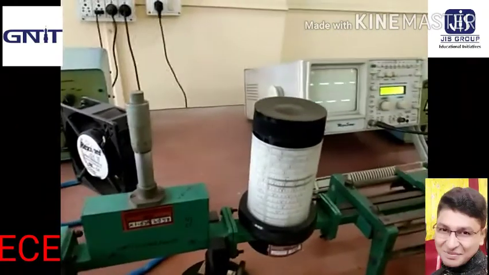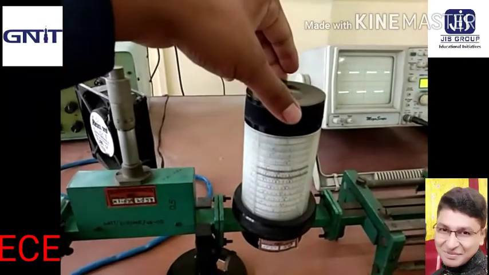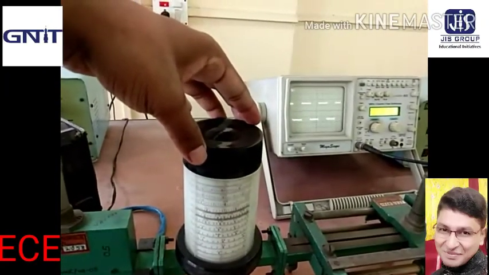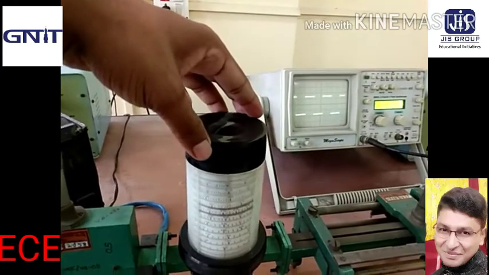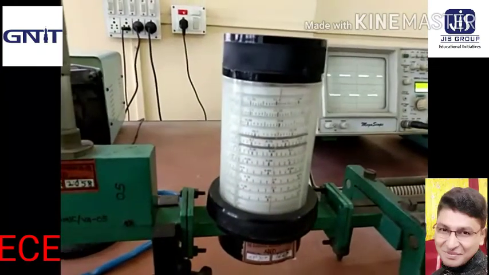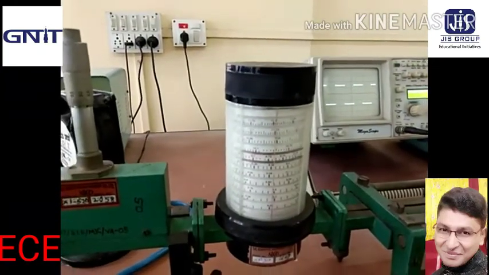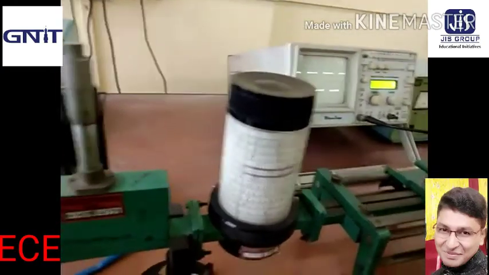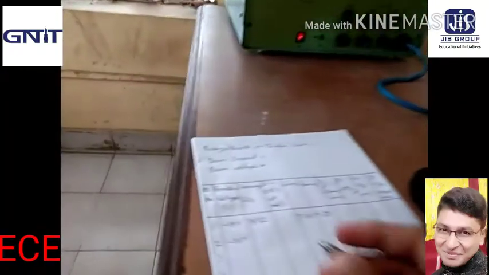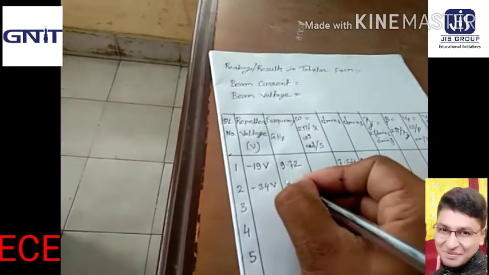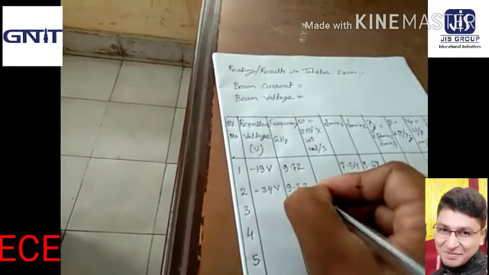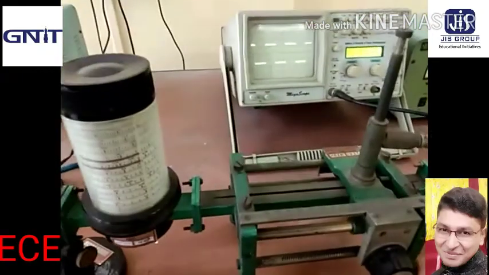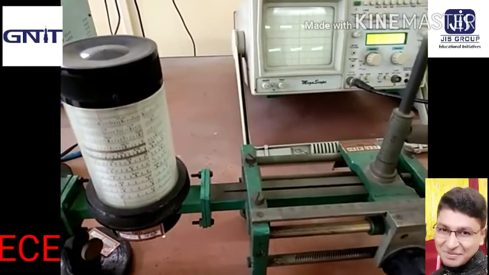Then measure the frequency from the frequency meter. This is our frequency, 9.73. Note down the value, 9.73 gigahertz. Now measure D min 1.